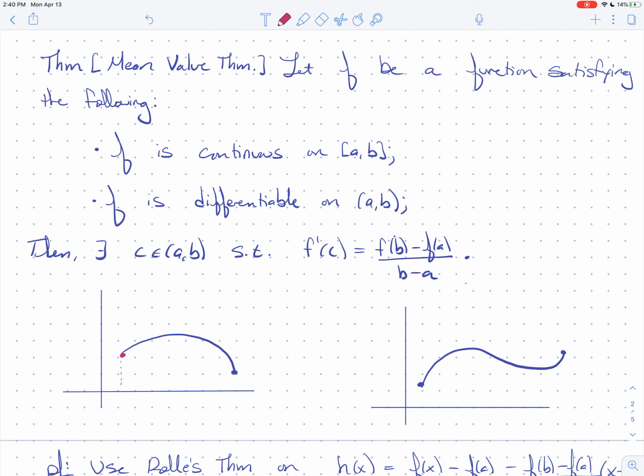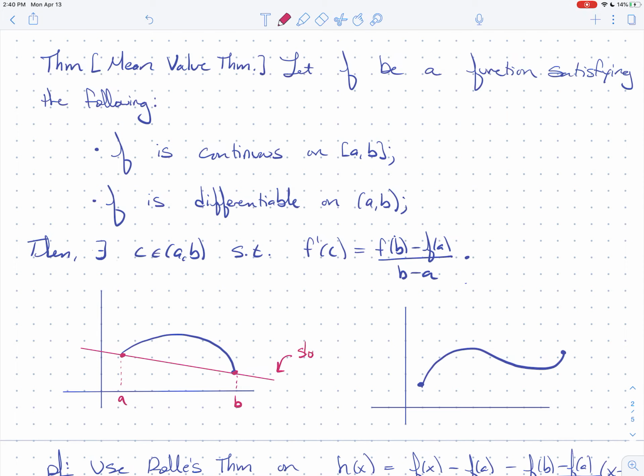So let's draw. Here's a and here's b. And if I draw the line, I'm going to have a hard time on this iPad. Let's see if I can adjust it. There we go. If I draw the line through those two points, that's the secant line through those points.